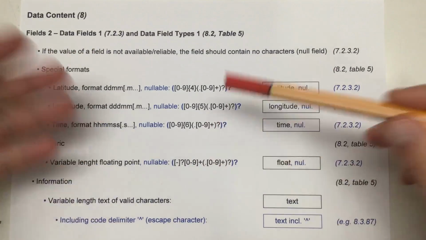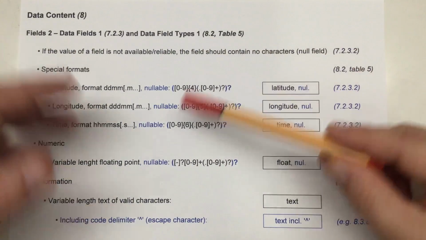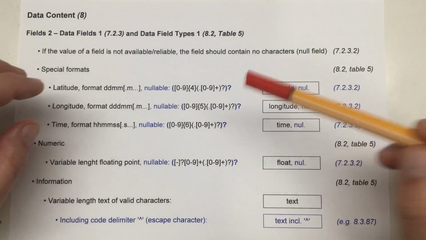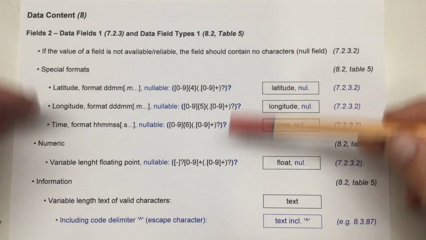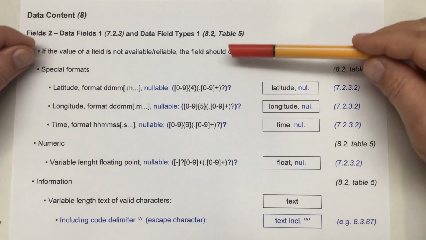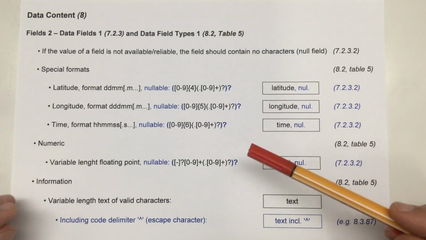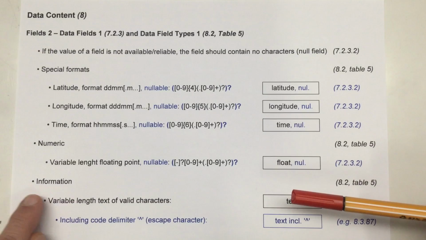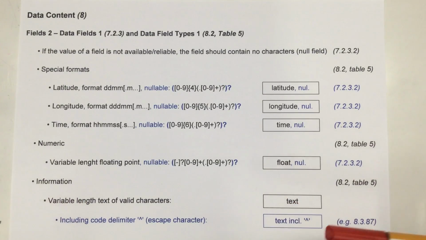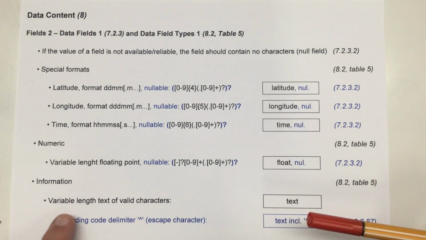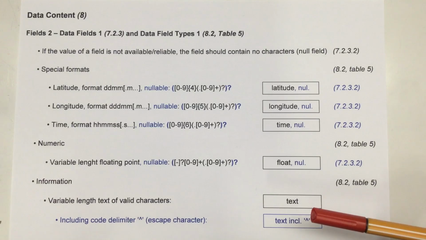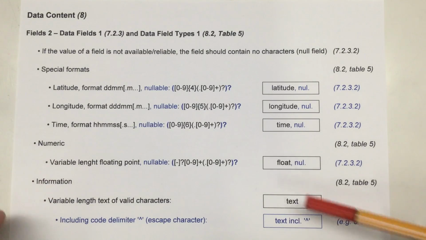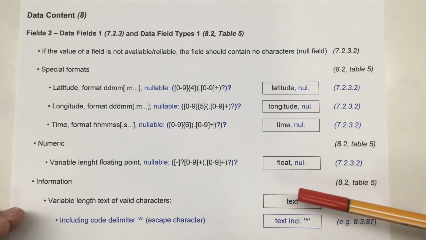These fields have, of course, specific types, and I'll refrain from going into another rant about the standard here. We'll skip this section for the moment. We will revisit that stuff later and have a look at information fields, specifically fields of variable length text of valid characters, which I will denote in the following as text.